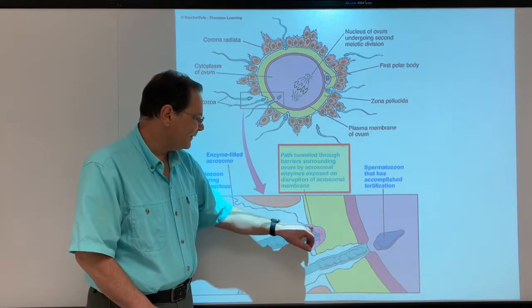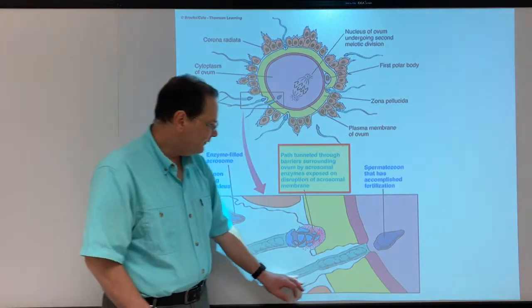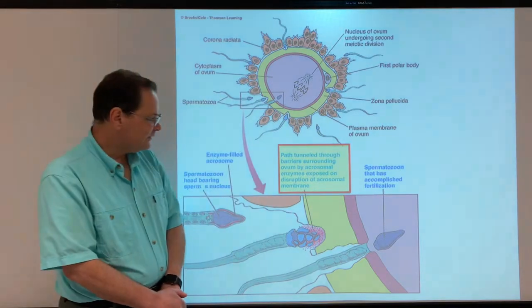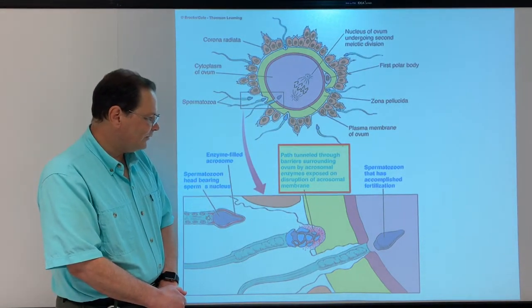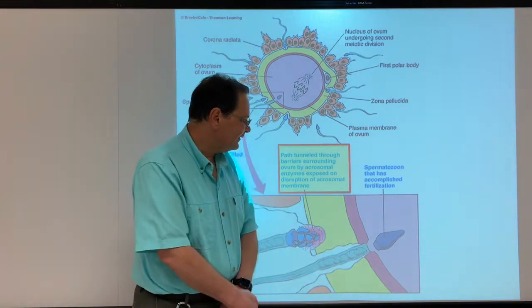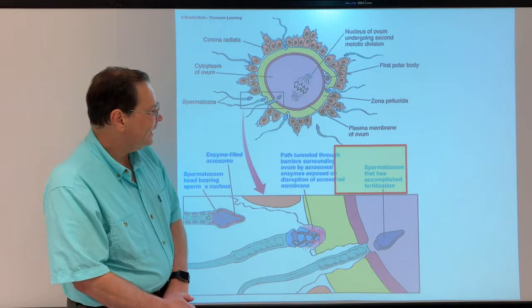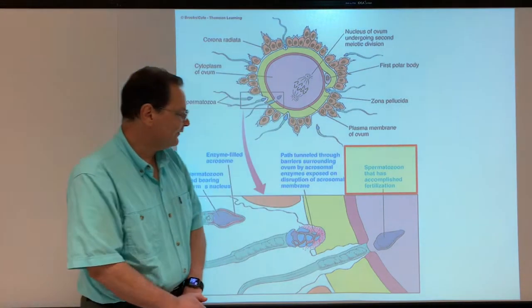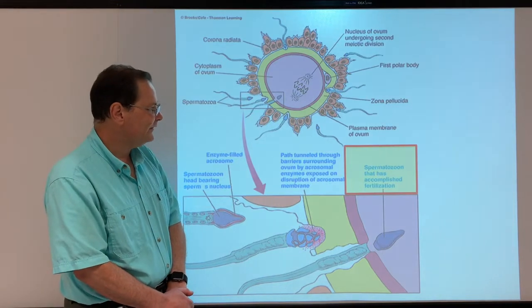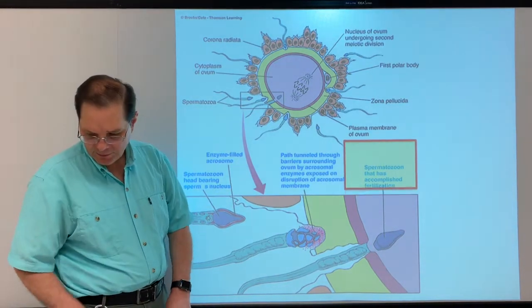Enzymes are released from the acrosome, which eat away at the zona pellucida, and you form a hole through which the sperm moves its way through until you finally get to the oocyte membrane, where the nuclear material in the head of the sperm is released into the oocyte, and genetic recombination takes place.